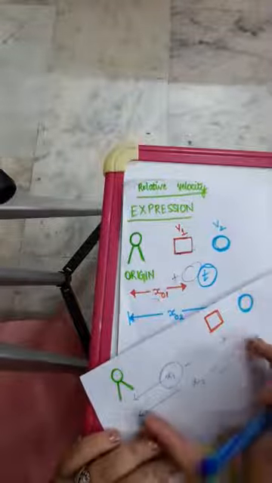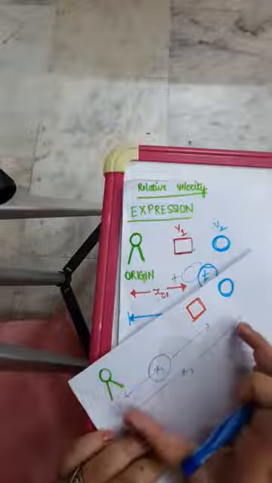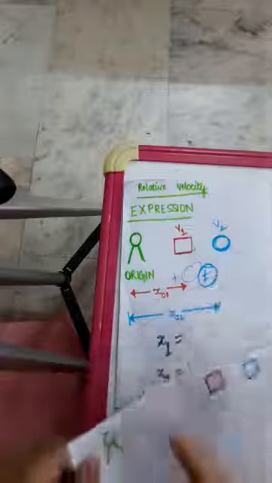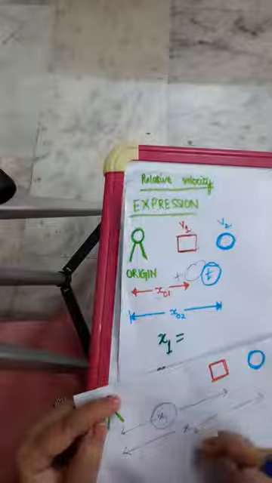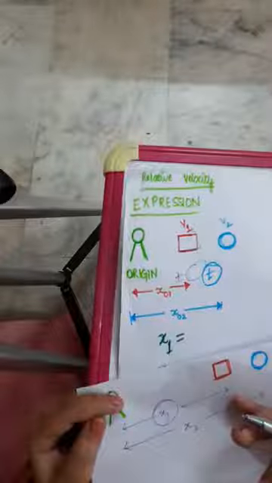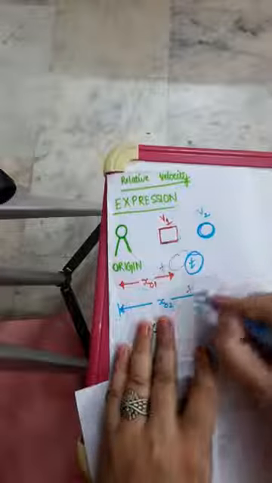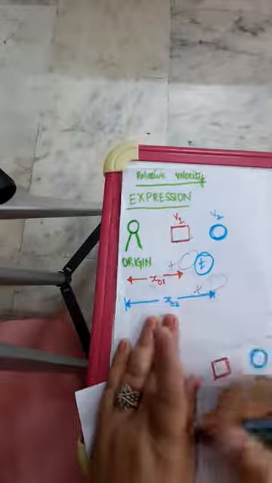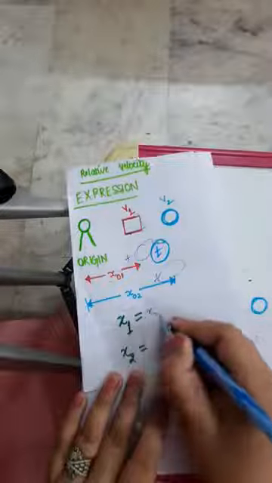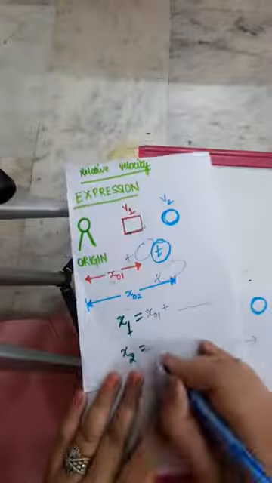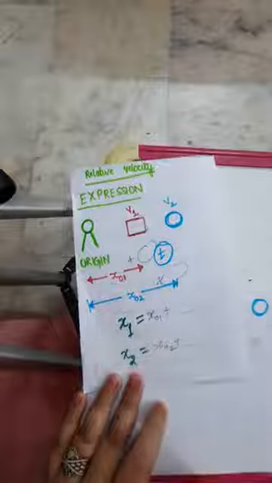And this x2, which is the distance of the second object from the origin after t seconds of motion, will of course contain x02, plus some additional distance. So I'm going to write it here: x1 as x01 plus something and x2 as x02 plus something. Now let's have a look at this plus something.